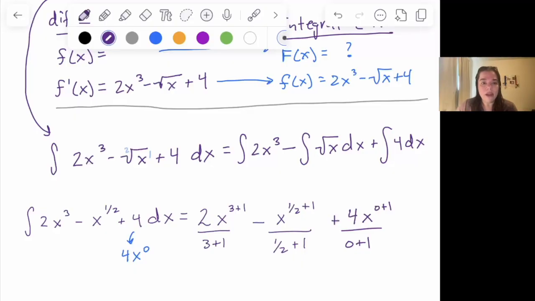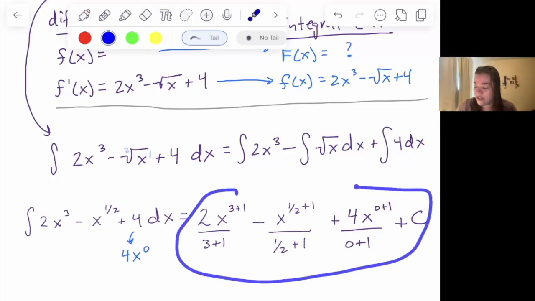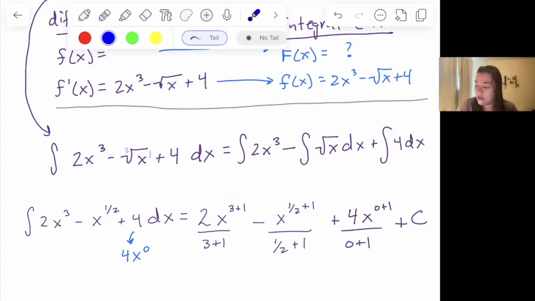And then remember, as you should have talked about in your class, there is a potential for a constant here, a plus c. Because you want to think, why does that plus c exist? Think backwards. If you took the derivative of this function here, the derivative of the plus c would be 0. So it doesn't matter what that constant is or was, we just need to account for the fact that there could have been a constant there.